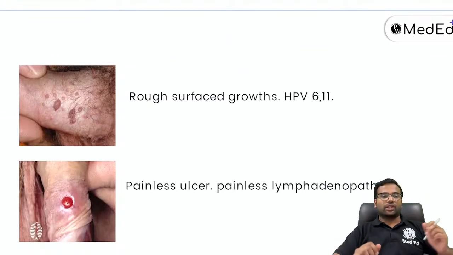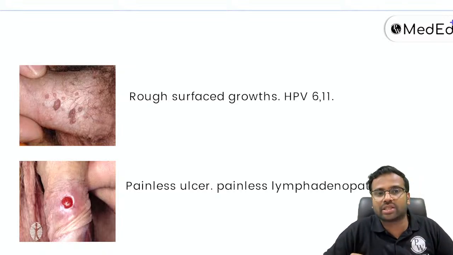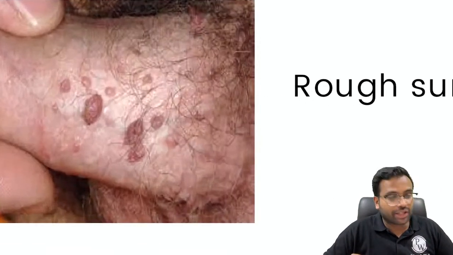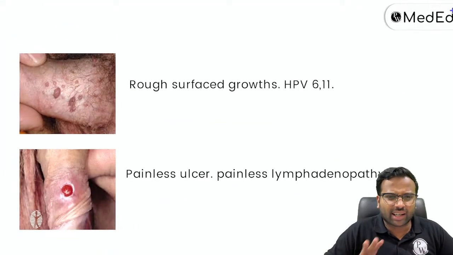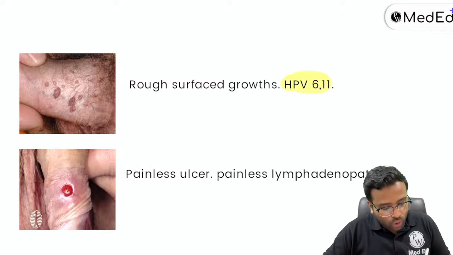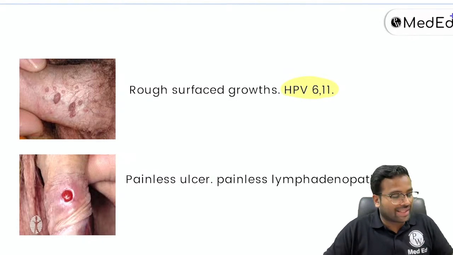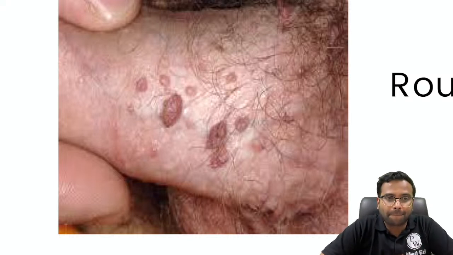Now let's go to the next one. In this slide, there are some lesions in the genitalia. The first lesion that we can find in the genitalia, the clue says it's a rough surfaced growth and it is caused by human papilloma virus 6 and 11. And I'm zooming the image for you.